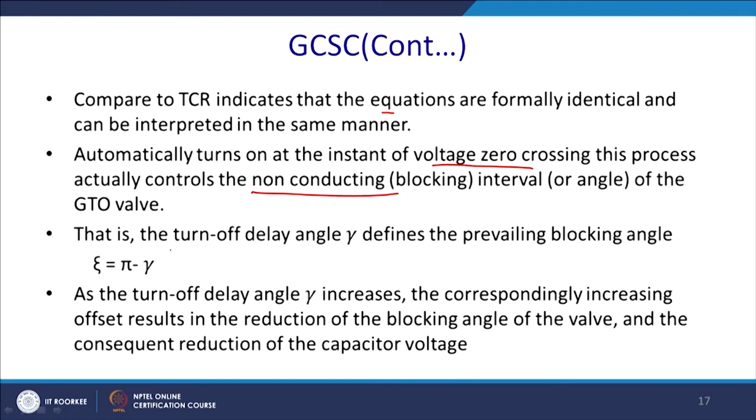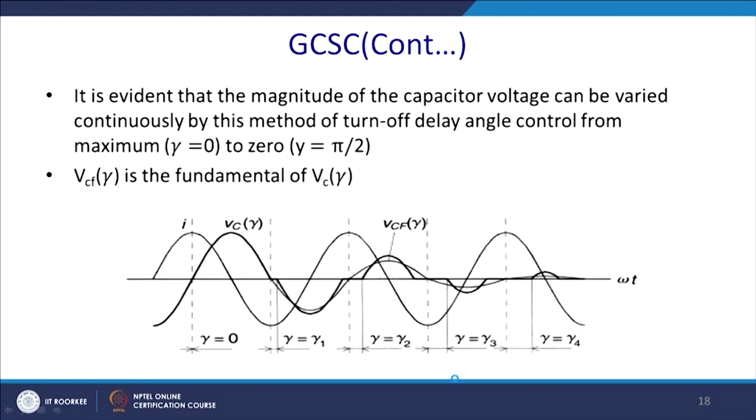The turn off delay angle lambda defines the prevailing blocking angle, and the conduction angle is pi minus lambda. As the turn off delay angle increases, the increasing offset results in the reduction of the blocking angle of the valve and the consequent reduction of the capacitor voltage. So, capacitor voltage can be controlled in that way.